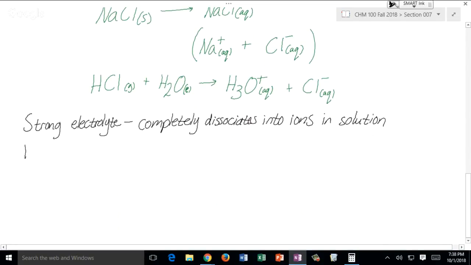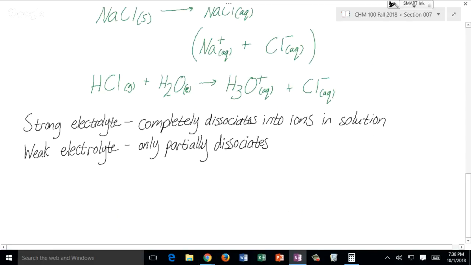Whereas a weak electrolyte only partially dissociates. So there's still going to be whole compounds laying around, but there's going to be some ions.